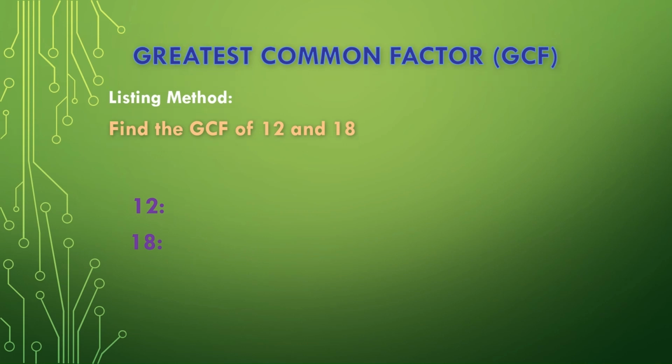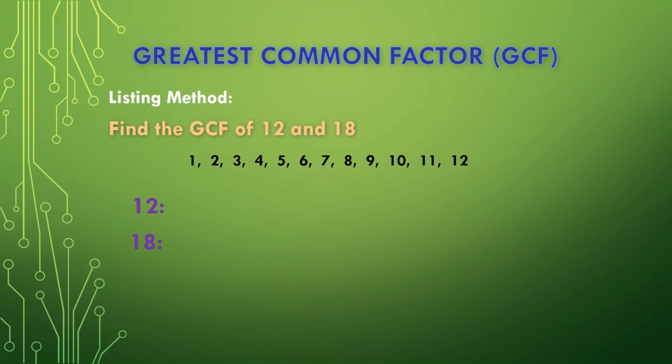Let's start off with 12. Here, I have listed the numbers 1 to 12, but in your case, you don't have to do this when finding the GCF using the listing method. I just have this for illustration purposes.